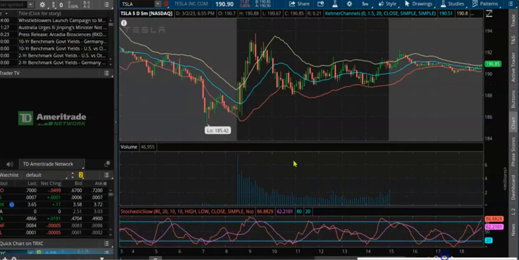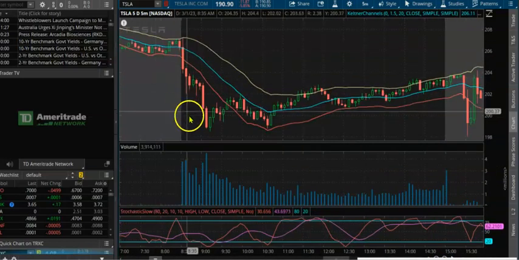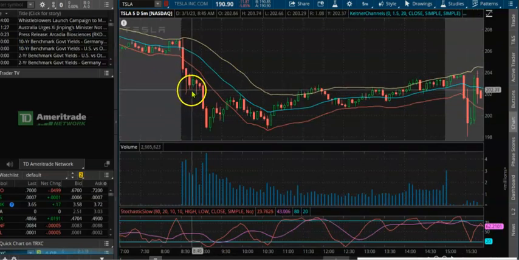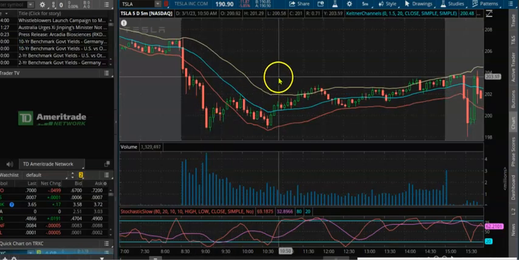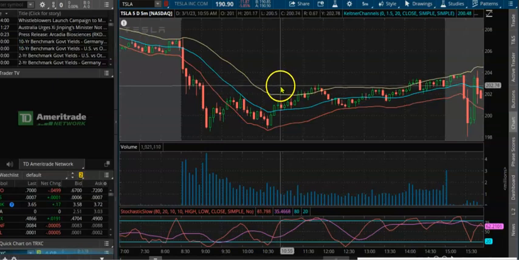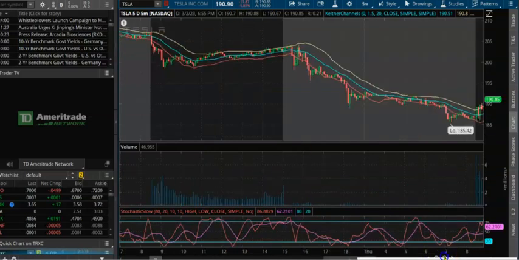One of the things that I've seen, you can almost be guaranteed a move if you can buy below the Celts and then just wait. The last time we went below this lower Celt, 198, we got a $4 move. So that's still going to be good for maybe 100% when it comes to options.